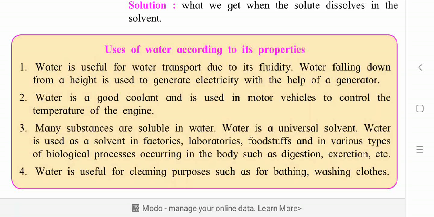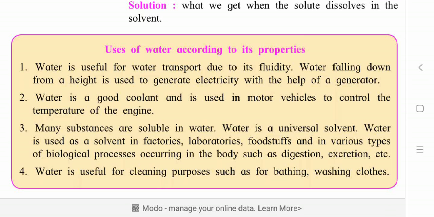Our day-to-day life is impossible without use of water, student. Water is a very important substance which is used for survival, for drinking, for cooking, for a lot of purposes we are using water from morning till sleeping time.